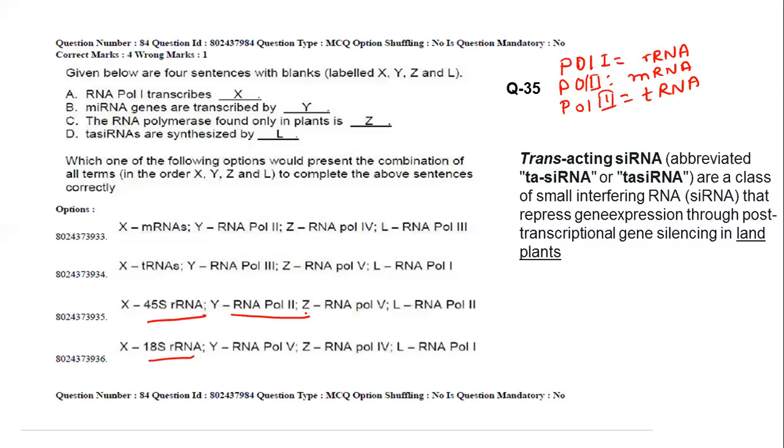The RNA polymerase found exclusively in plants is RNA pol 5.